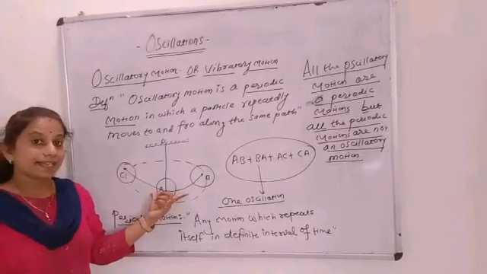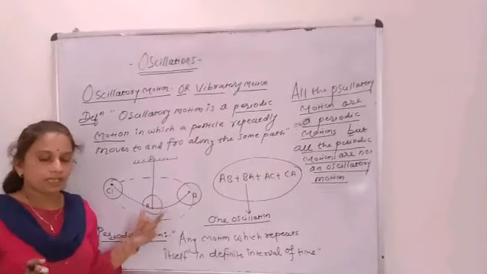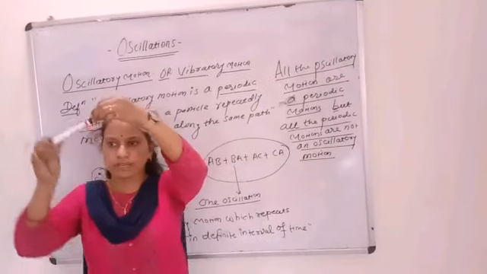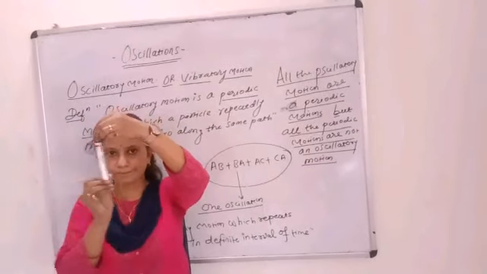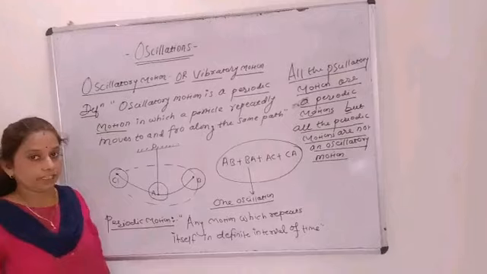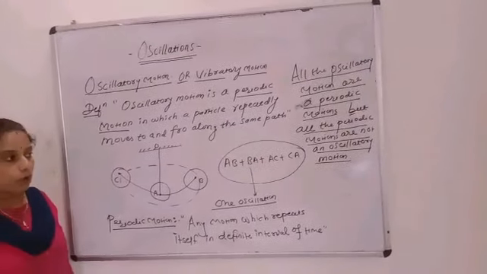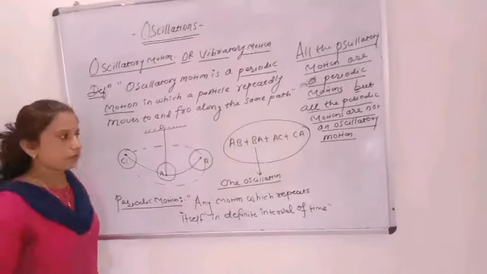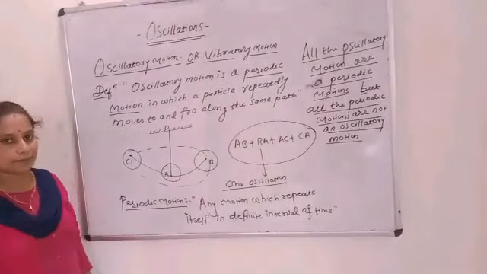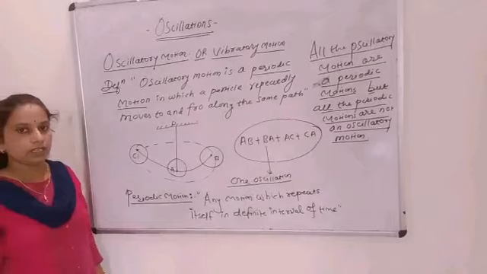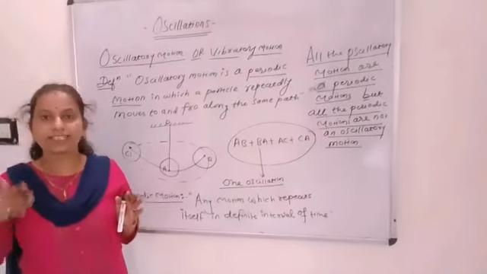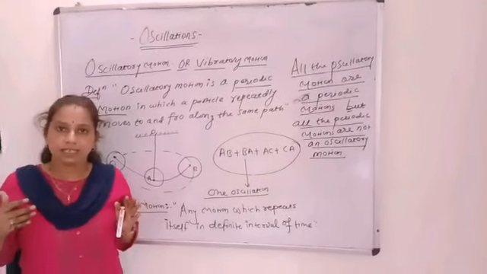Again, in the example of clock pendulum, the pendulum oscillates to and fro along the same path. Swinging of a swing. This boy swings to and fro. That is also an example of oscillatory motion. Vibrations of a musical instrument like guitar, violin.